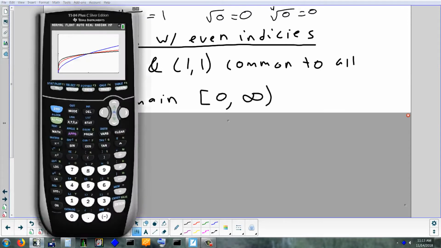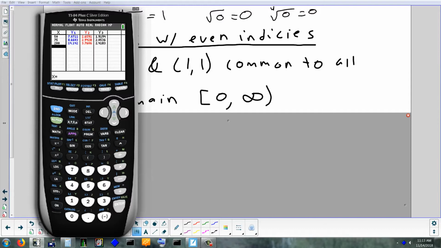And the range, well, these graphs don't go down forever. They all start at the origin, but they do go up forever. If you just focus on y1, that's the square root. If you plug in a bigger and bigger number, y1 is going to keep getting bigger and bigger.